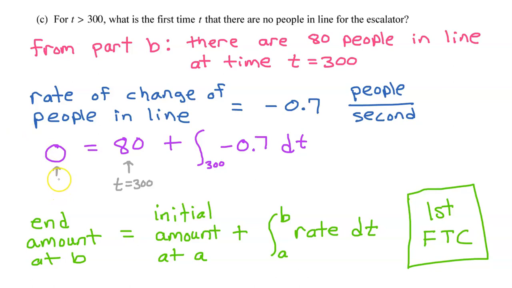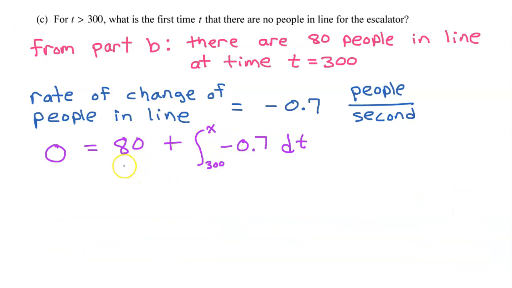The end time is what we're looking for, the time when there will be 0 people. That's an unknown time, so let's just call it t equals x. So let's just put in x for the upper limit of integration. So what we have is an integral defined function. This is not a problem. We can just graph the right side of the equation and see where it equals 0.